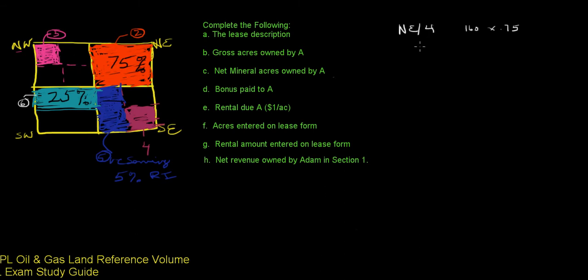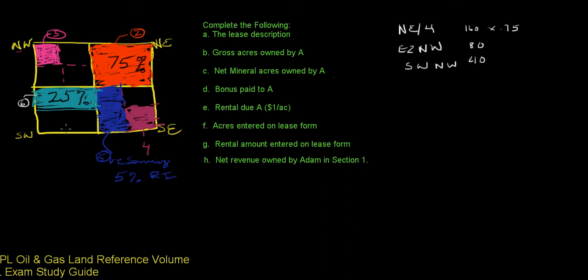This is the east half, so I'll write that down. East half of the northwest. And we also have this little area here, which is the southwest of the northwest. The acreage for the east half of the northwest, if this is 160 acres, is half of that, so that's going to be 80 acres. And they didn't reserve anything, so we don't have to multiply it by anything. And then the southwest of the northwest is 40 acres.